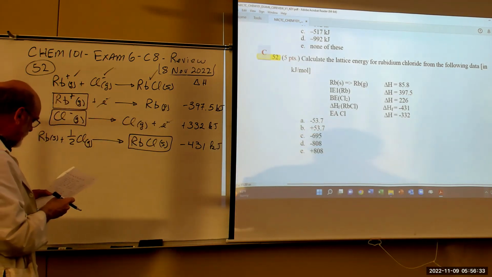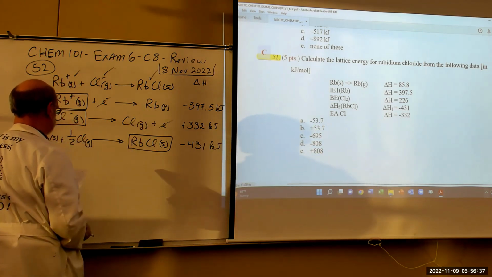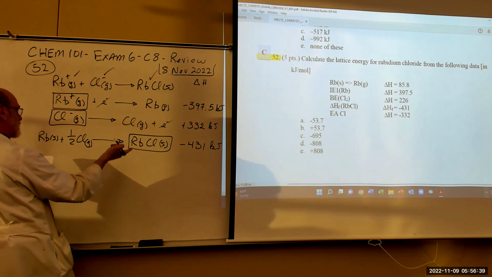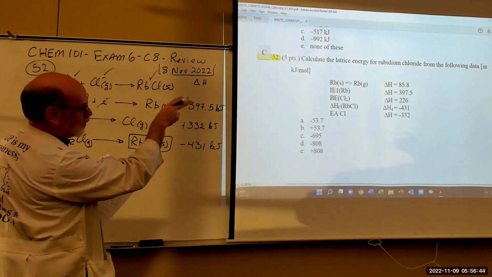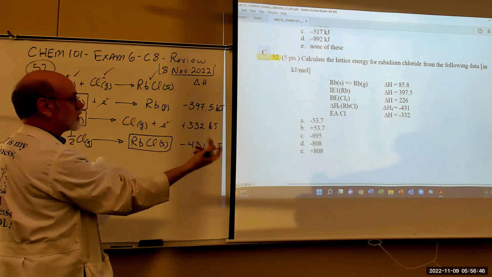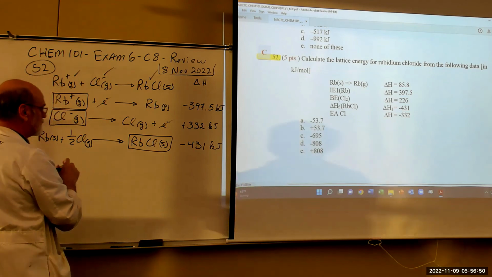What I want to get rid of next is the rubidium gas. And that top one, rubidium gas, is on the right side. So we've got to put it on the left side and change the sign on the enthalpy.